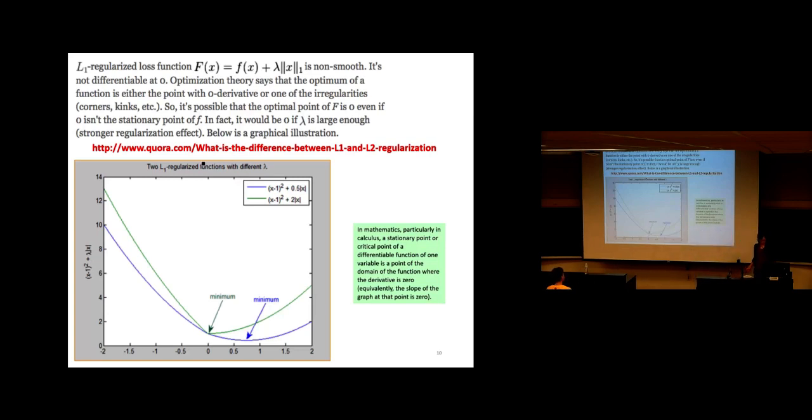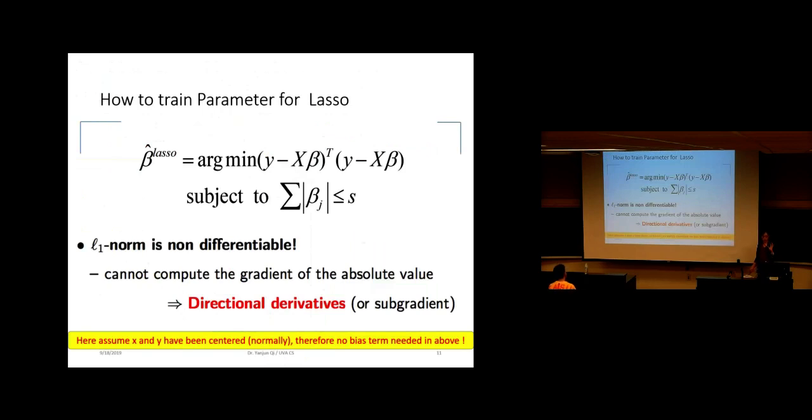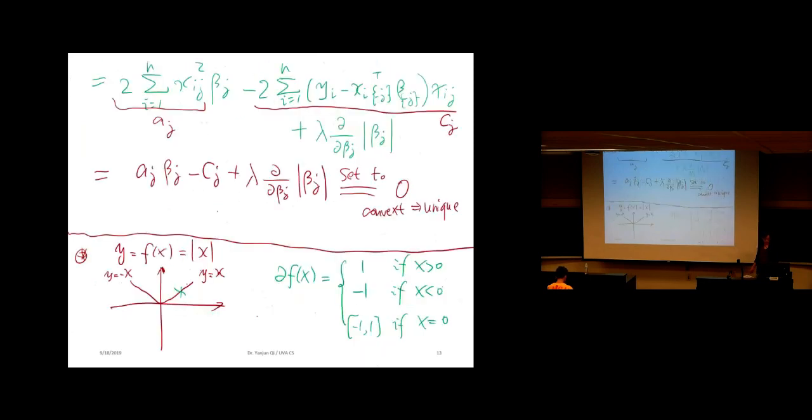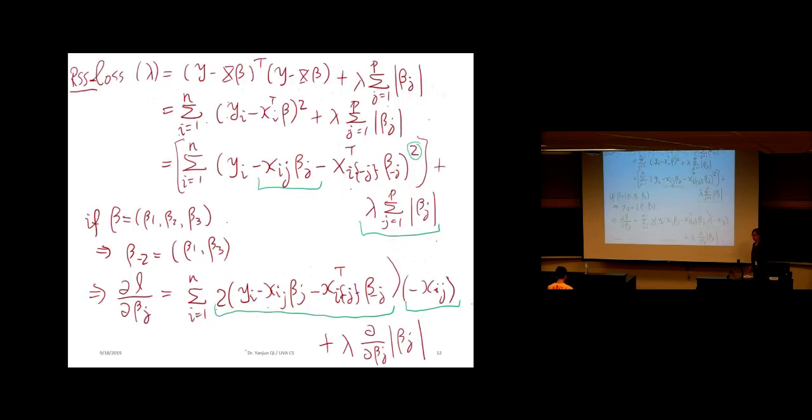Feel free to read it, and that's related to why corner points are easier to touch for the solution. And then I actually have a lot of derivations about how you optimize the lasso solutions.